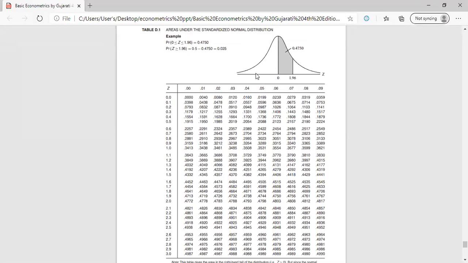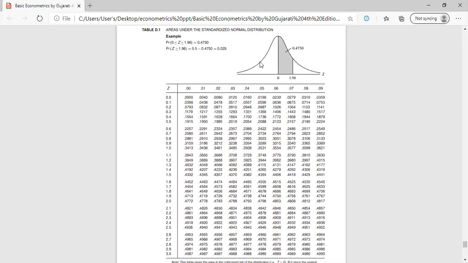It's a huge area. It has got two parts. One part is this whole area. What is that area? 0.5. One part is 0.5.